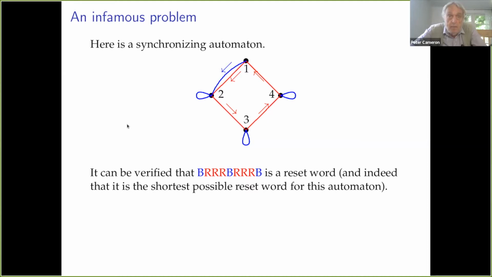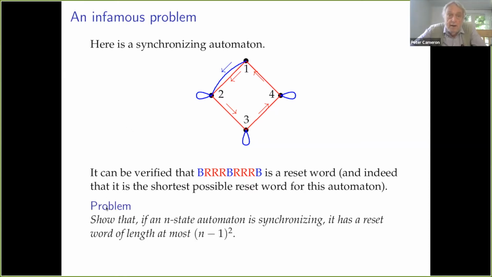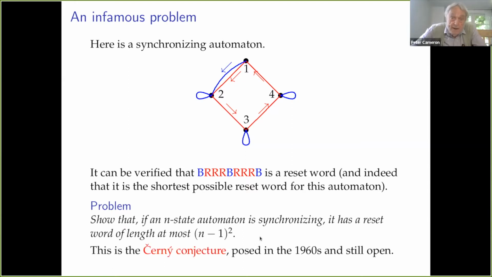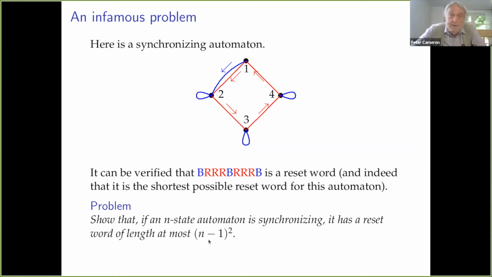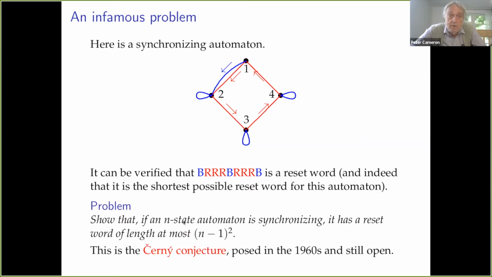So given an automaton, if it is synchronizing, how long can the shortest reset word be? And the conjecture is that for an n-state automaton, the answer is (n-1) squared as the upper bound for the length of a reset word. And this is an old conjecture.